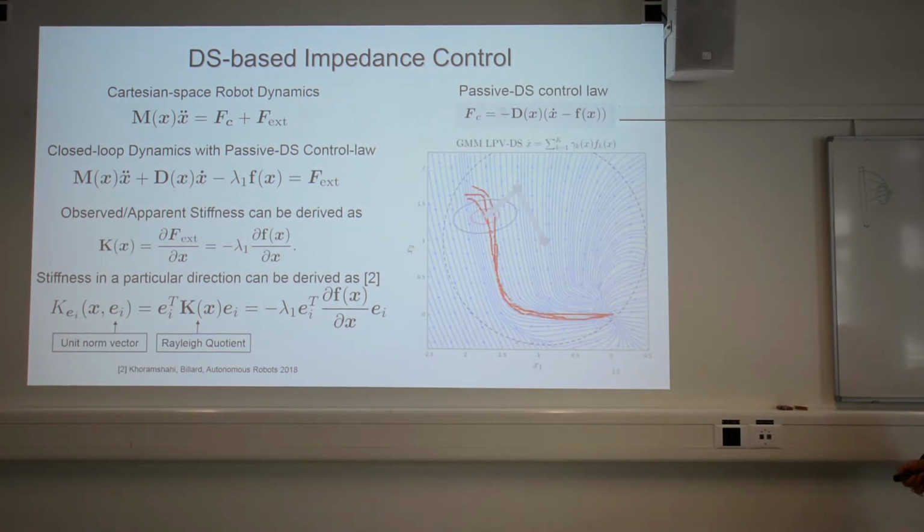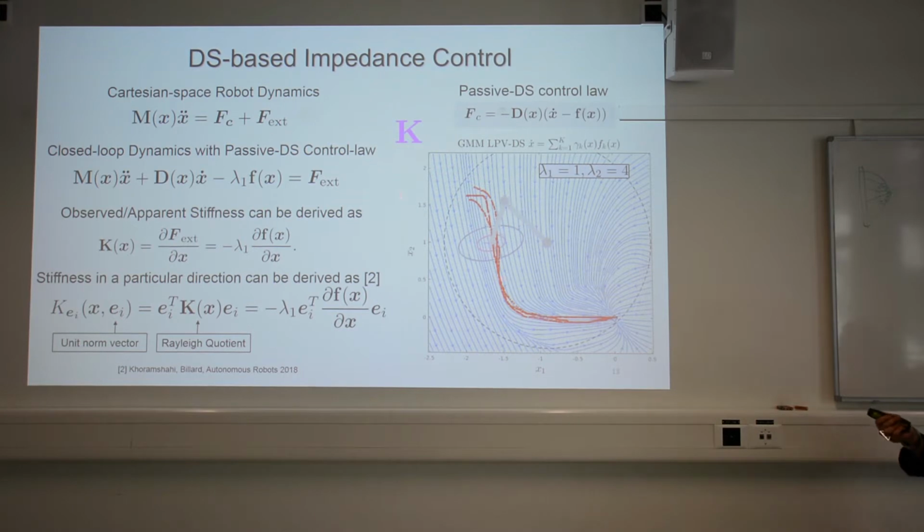Here you can see the same illustration, now with the actual stiffness of the controlled system, where the stiffness is the pink ellipse. As you can see, the structure of the damping doesn't change, it just aligns itself to the flow, but the stiffness is changing all the time because the way the dynamical system converges towards the attractor or the trajectory changes all over the state space.